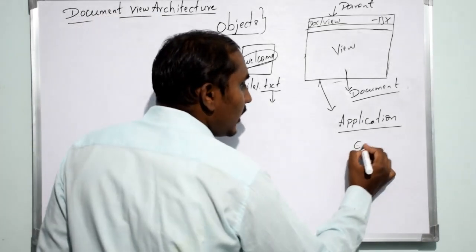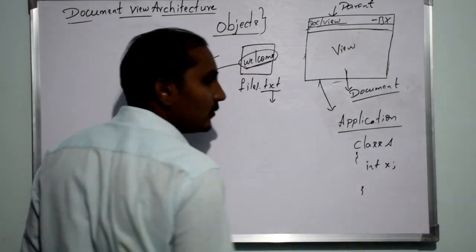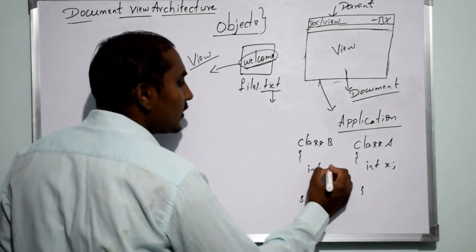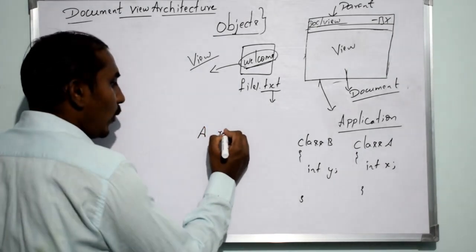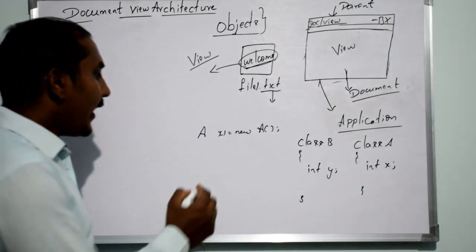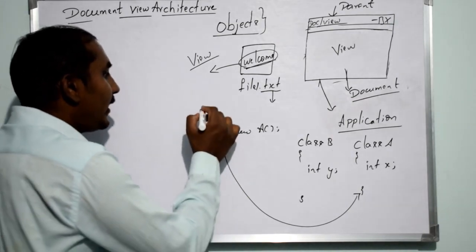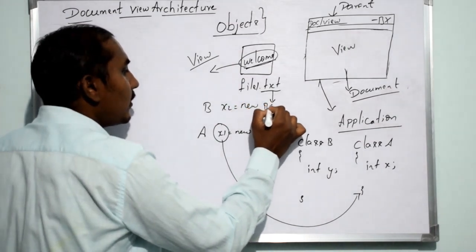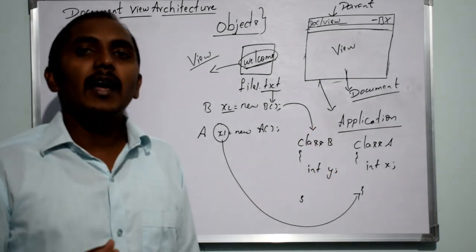Example: in class A, I have a variable X, and in class B, I have a variable Y. If I create an object like A X1 = new A, then X1 is an object that will be accessing class A. The same way, if I write B X2 = new B, X2 is an object that will be accessing the information present in class B.